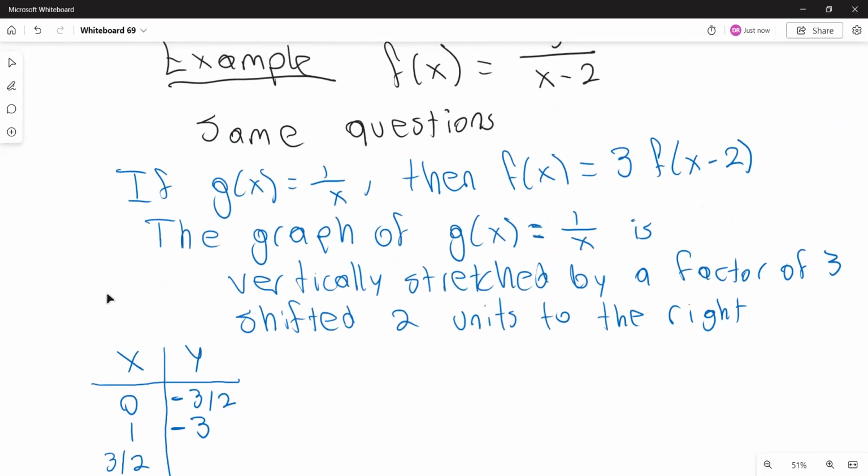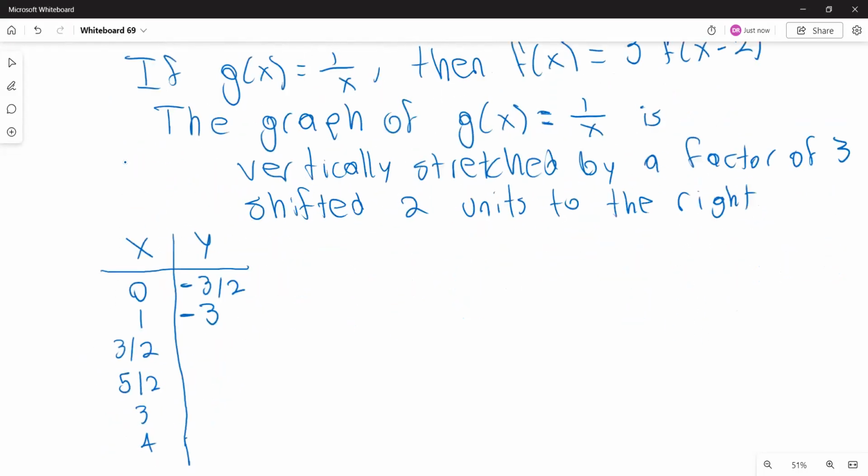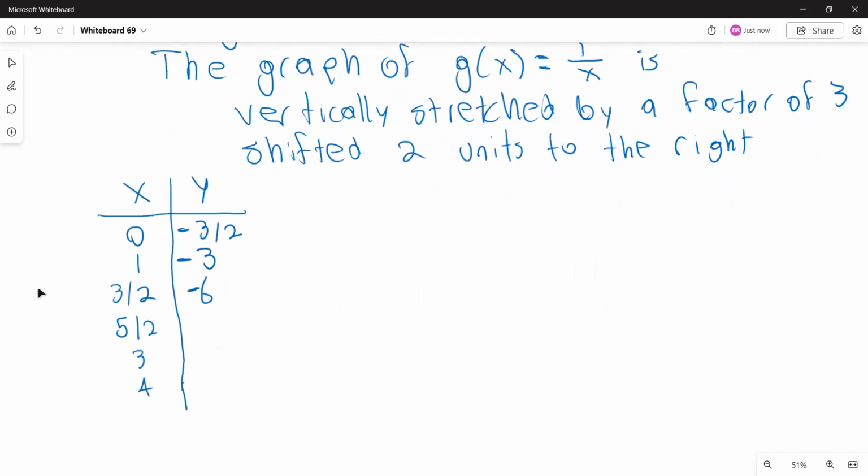And then 3/2 minus 2 is going to be -1/2, and 3 over -1/2 is going to be -6. 5/2 minus 2 is 1/2, and 3 over 1/2 is 6. 3 minus 2 is 1, so 3 over 1 is 3.